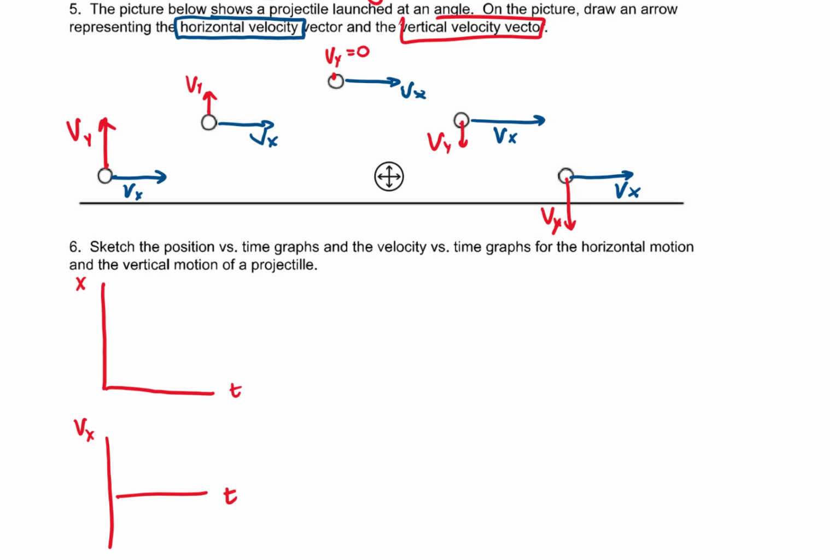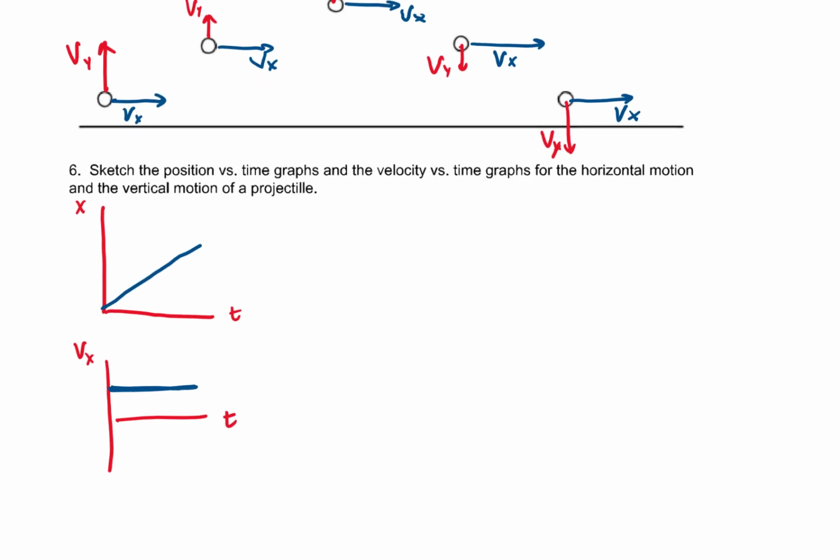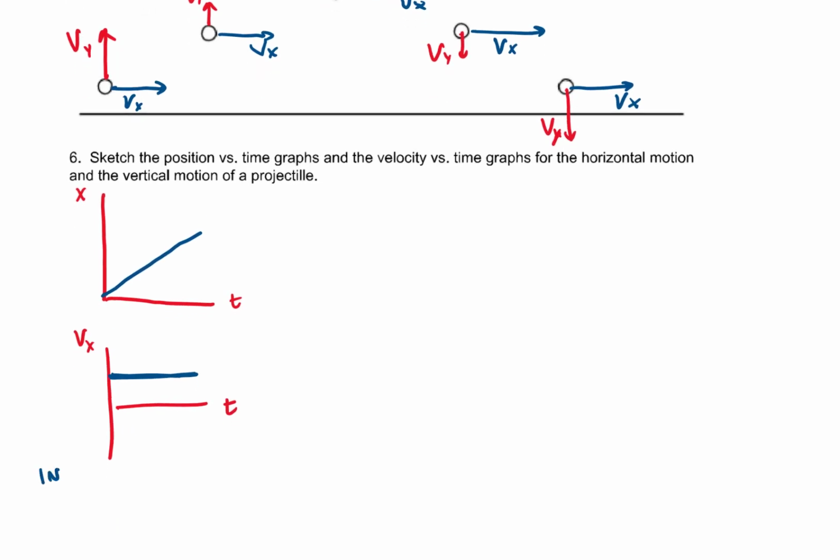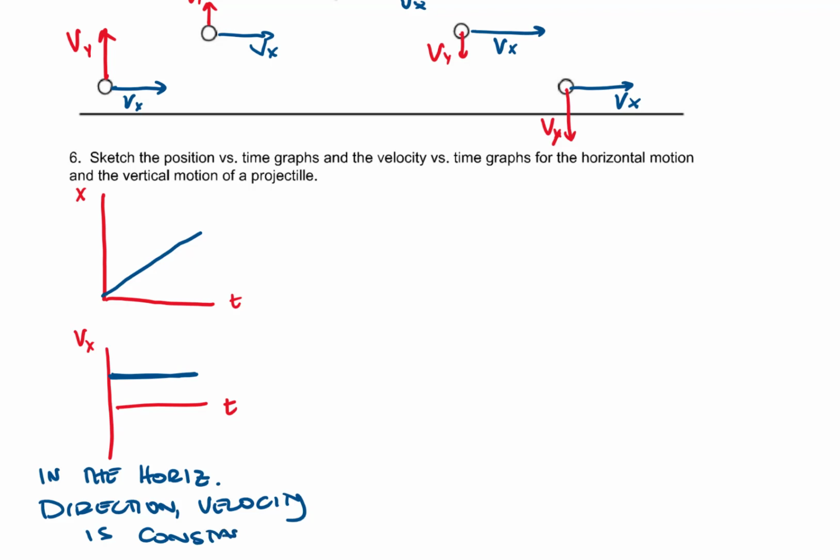Well, we said we have a constant x velocity the entire time, so that's not going to change. And so my x position is just going to increase linearly because in the horizontal direction, the velocity is constant.